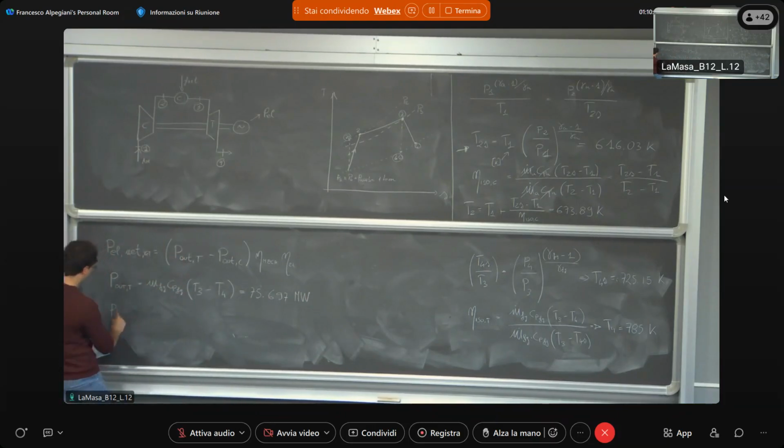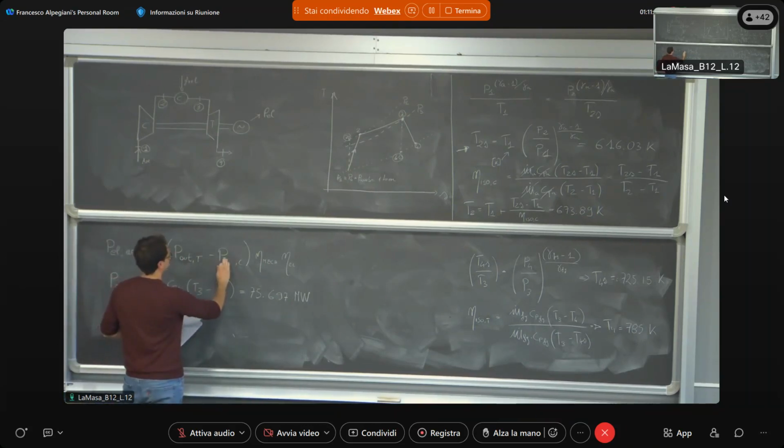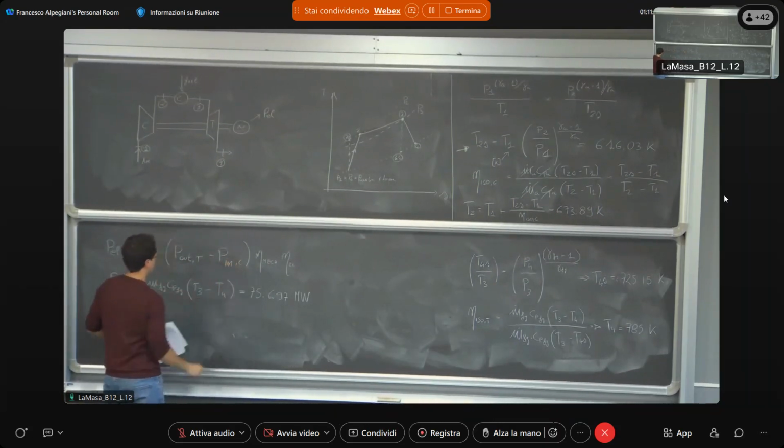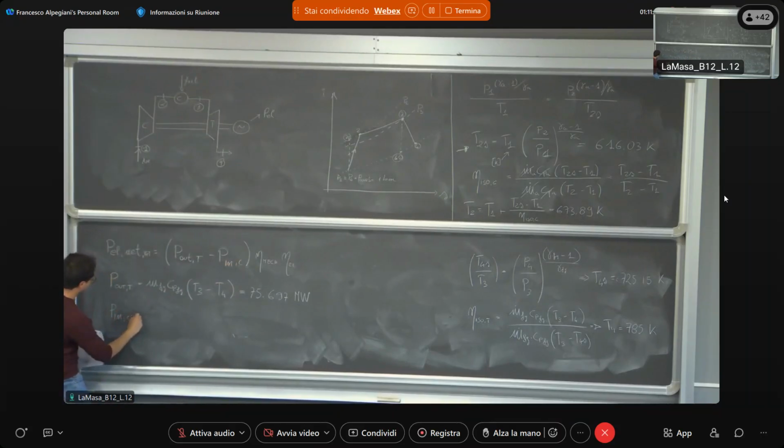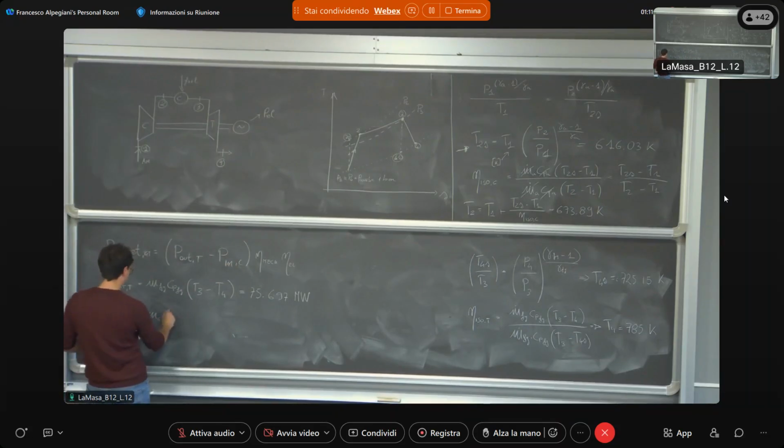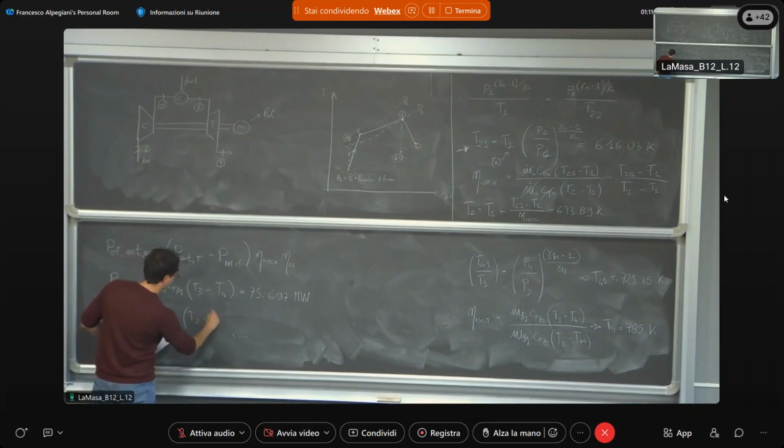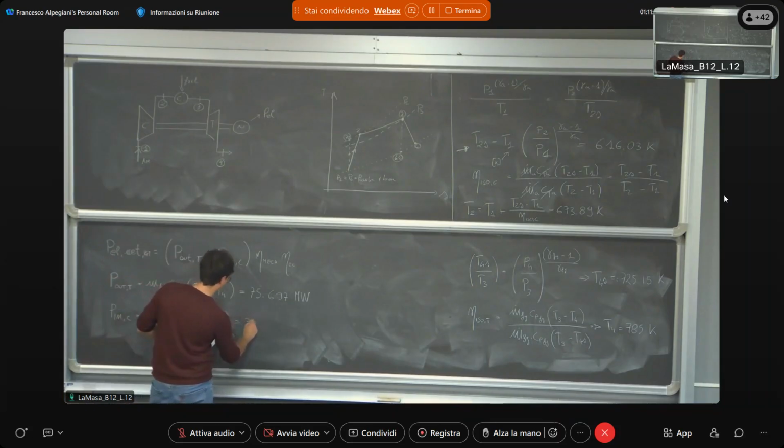So P in of the compressor is mass flow rate of the air times Cp of the air times T2 minus T1, and in this case it is equal to 38.559 megawatt.